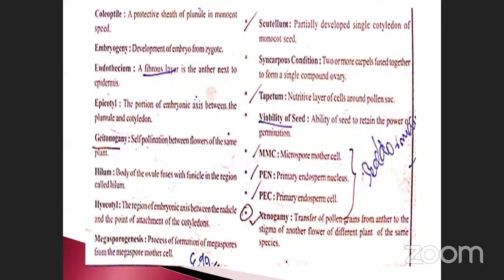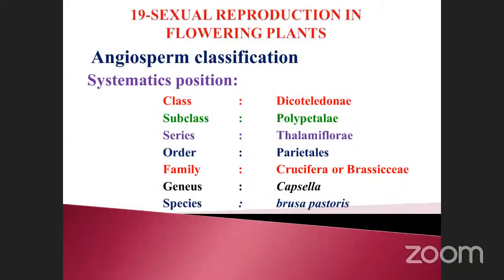Now we are entering into sexual reproduction. Before we study sexual reproduction in flowering plants: the flowering plants all come under the heading known as angiosperms. So for the angiosperms, you must know the systematic position.